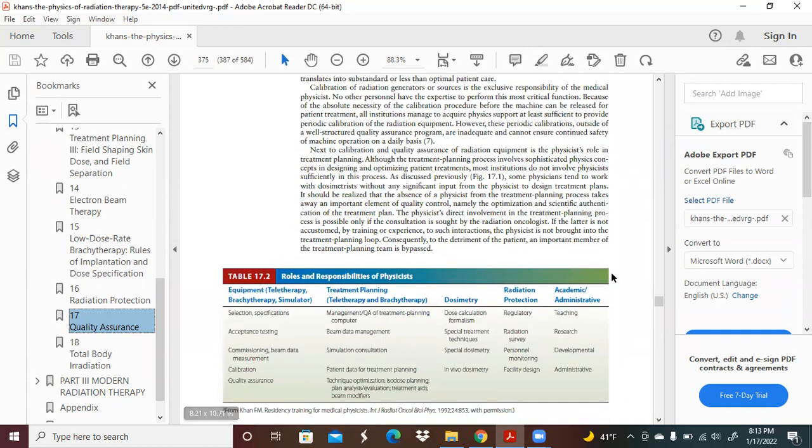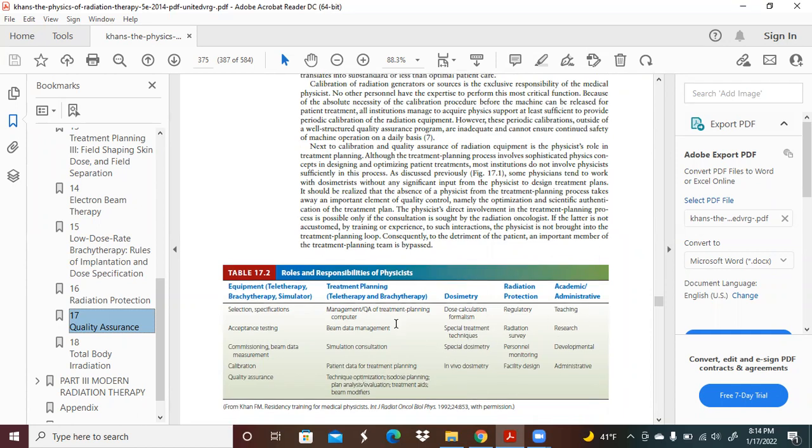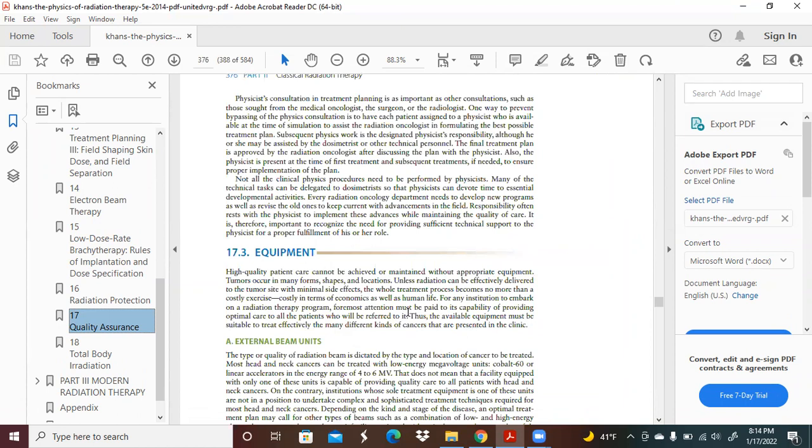You can see certain roles and responsibilities of each: the equipment, treatment planning, dosimetry, radiation protection, and so on and so forth. So everybody has a certain role that they need to play, and physics should not be exempt from any part of the planning process, because they should know more about the system than just about anybody else.